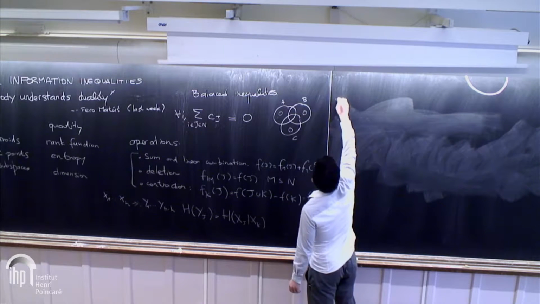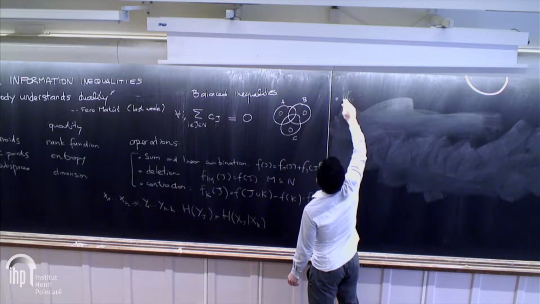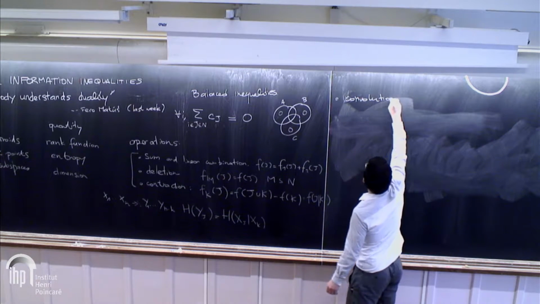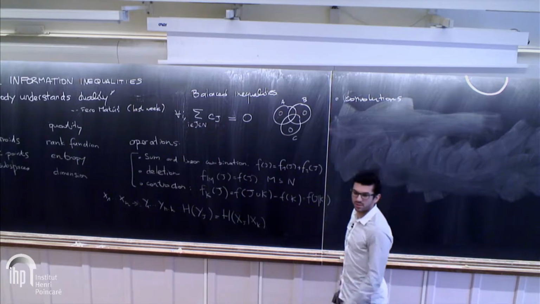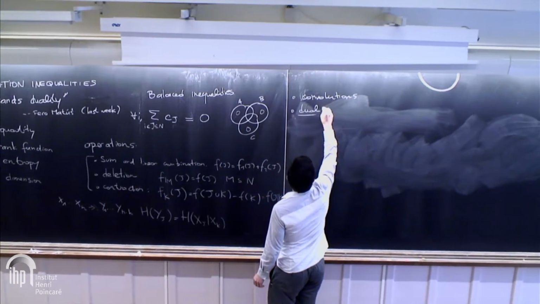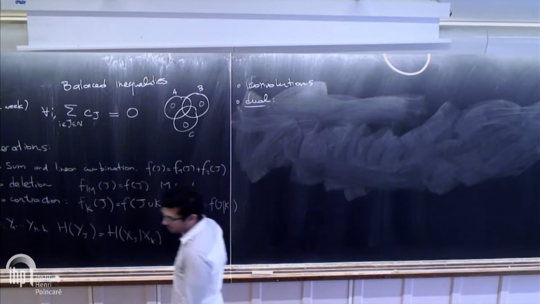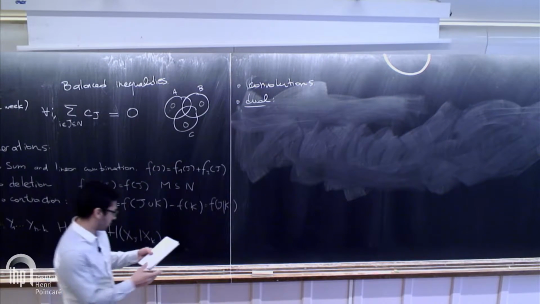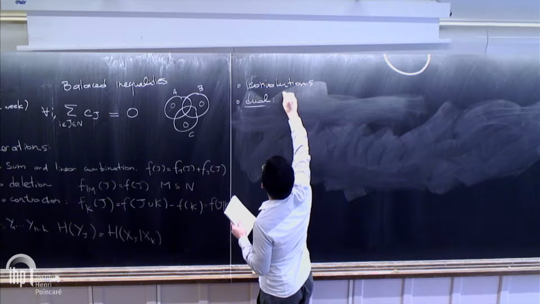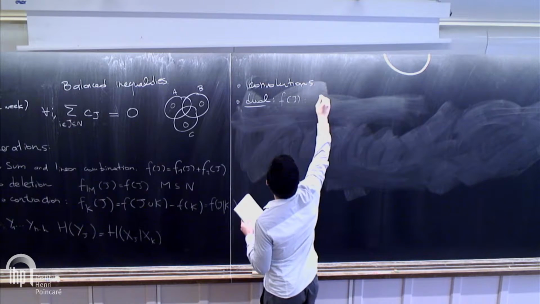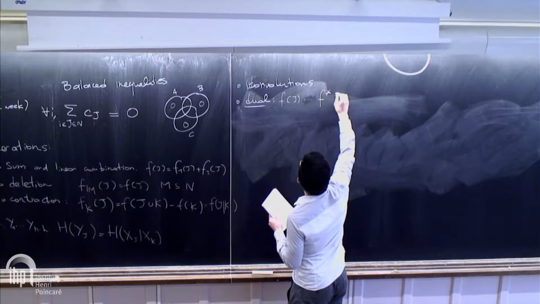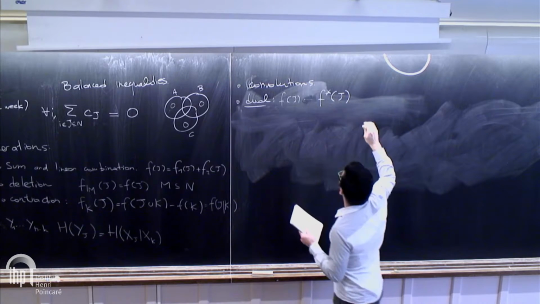We probably have convolutions also, but Matúš has already talked about that. What I want to talk about is the dual. Whenever I have some f that is a polymatroid, I can define its dual, which I mark with a star.